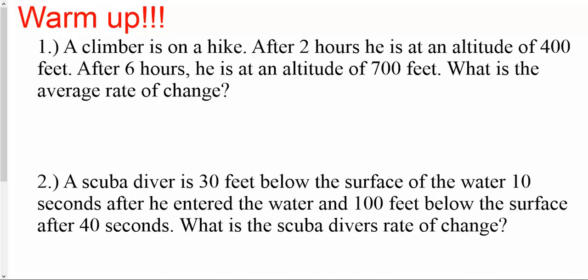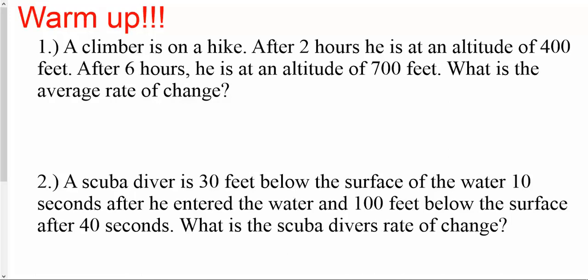Rate of change means that we care about units as well. Remember, that's a little bit different from slope, because in slope we don't actually care about the units. Here, we want to make sure we do that. So we are given two quantities. It says after 2 hours, he's at an altitude of 400 feet. After 6 hours, he's at an altitude of 700 feet.